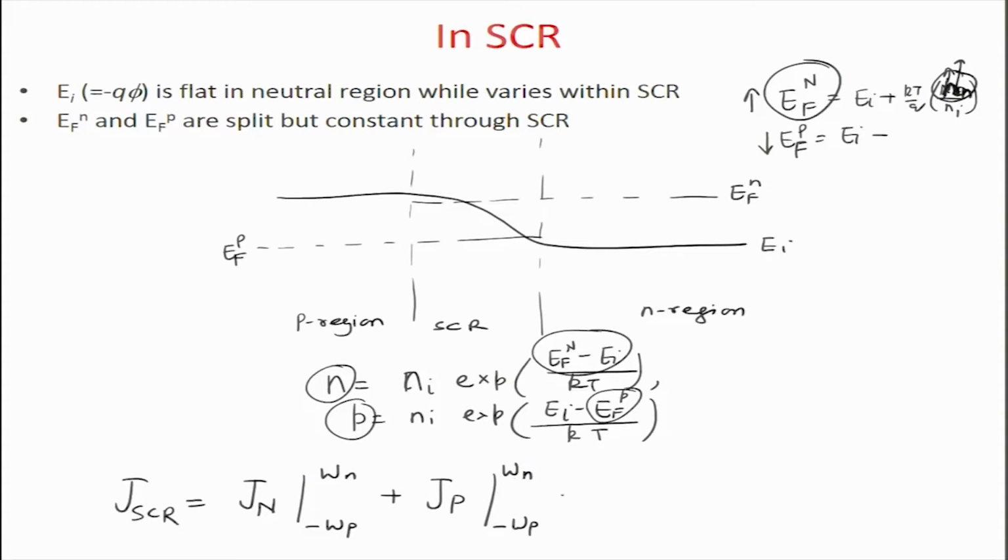So, this is equal to q times the integral from minus Wp to Wn of (R minus G) dx. So, essentially what is the recombination, what is the generation, depending upon that your net current from the space charge region will be produced. So, this is unlike the dark situation, because in the dark situation there is no generation, there is no recombination.